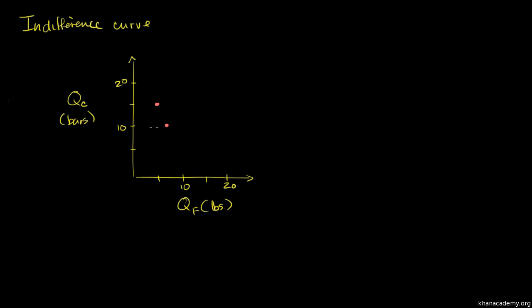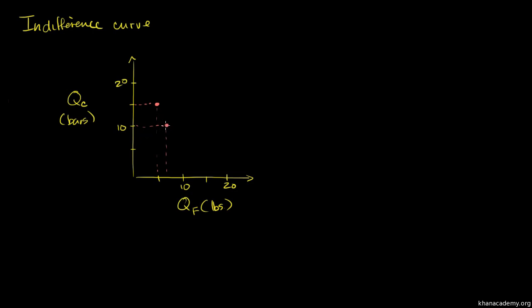I wouldn't care whether I have 15 bars of chocolate and 5 pounds of fruit, or 10 bars of chocolate and 7 pounds of fruit. I've introspected on what I like and what I derive benefit and satisfaction out of, and I get the same total utility out of either of these points. So both of these are on the same indifference curve.